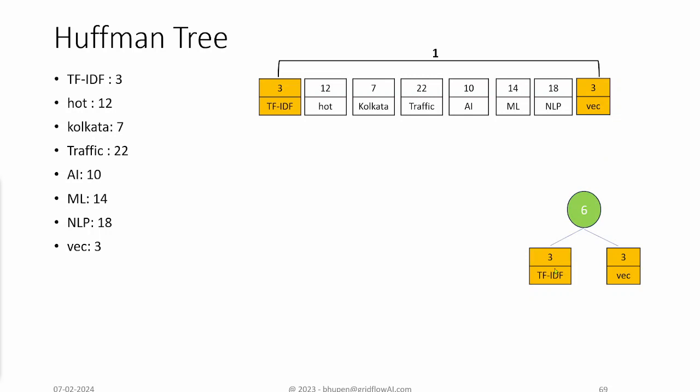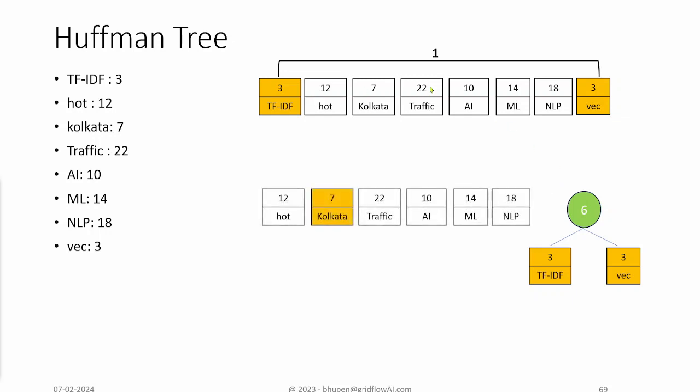So you have TF-IDF and then VEC, which is also a frequency of 3, and the total frequency is 6. That's step 1, and we are going to repeat the same thing until we have formed the entire tree. I will explain the intuition after we have built the tree.